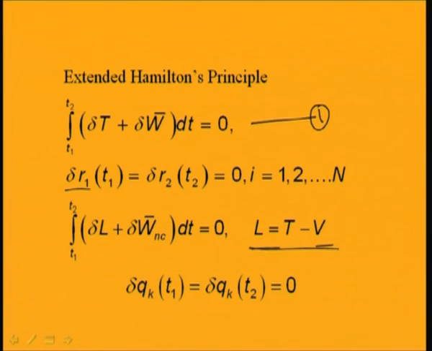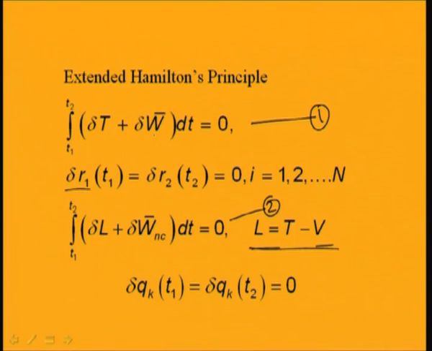Using either the first expression or the second expression, you can derive the equation of motion of a system. Already you know that del W contains 2 terms, the conservative work done and the non-conservative work done.